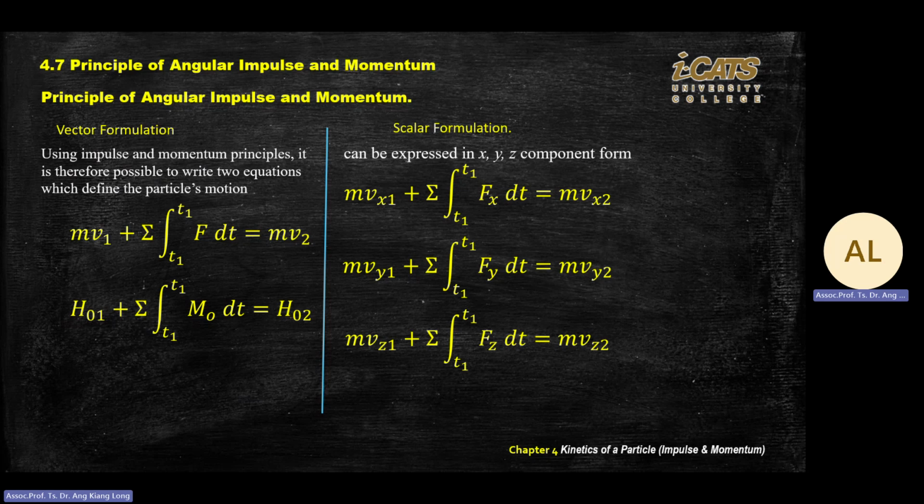You split the v vector into x direction, y direction, z direction. Same with the force: force is a vector, so you can change it into Fx, Fy, and Fz. Same with velocity number 2: v2 you can change into vx, vy, vz.